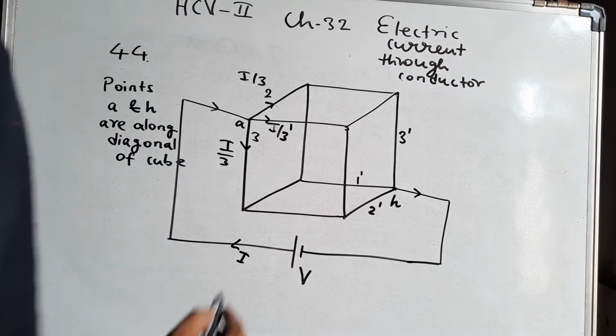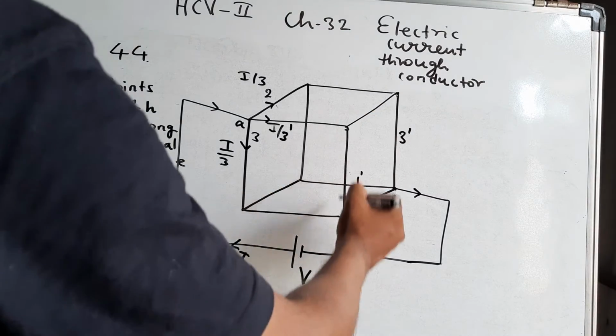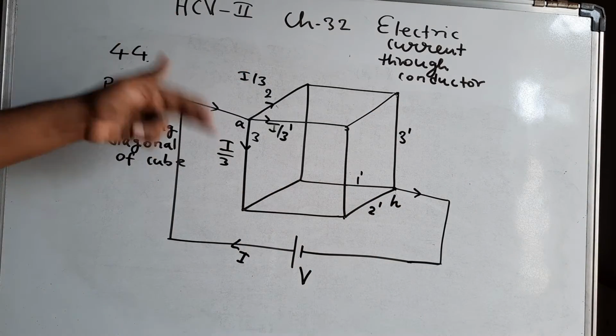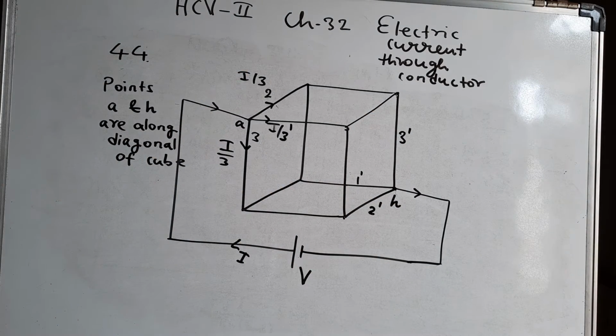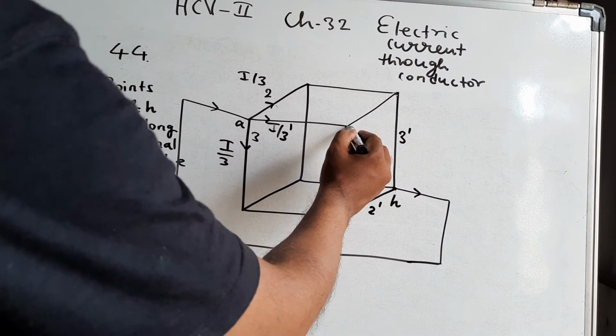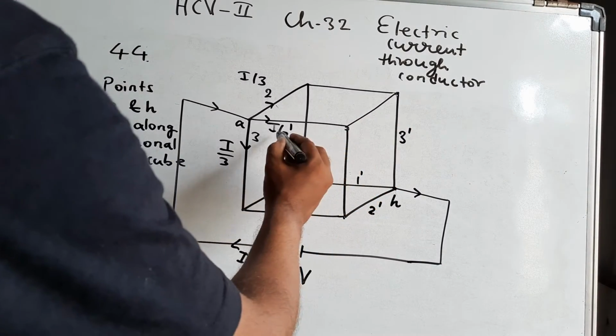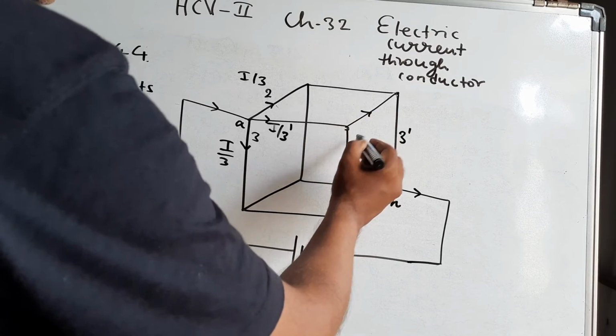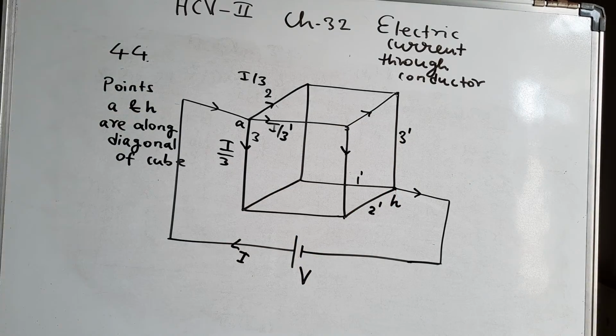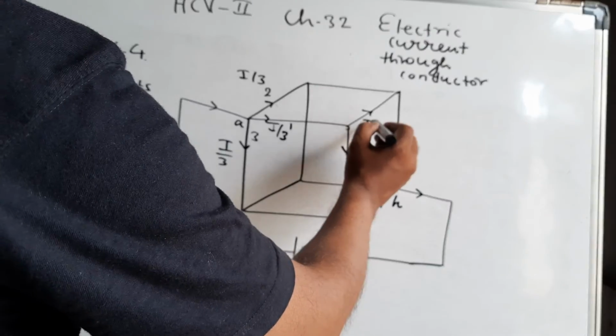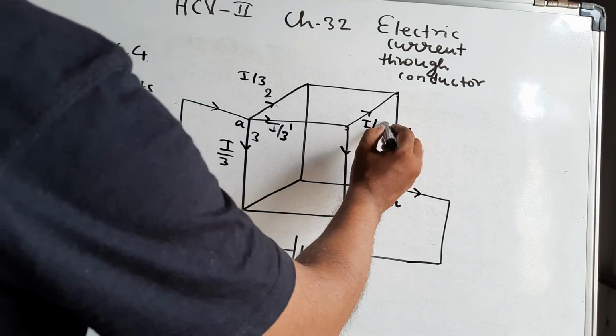Now this I by 3 is again divided into two branches, like 2 and 3 also. I by 3 should be divided into equivalent currents, so it should be I by 6 here. I by 3 halved is I by 6.